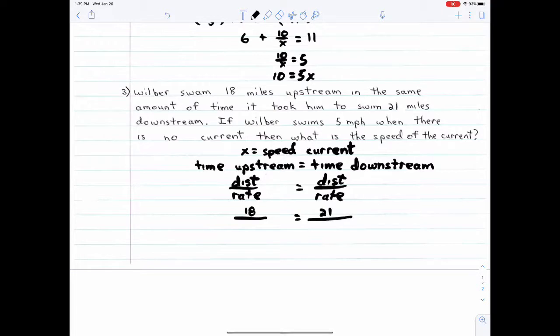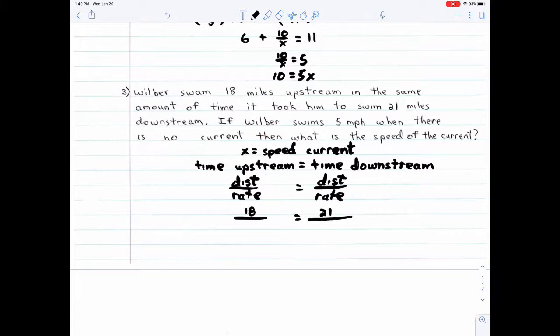Okay, now, the thing I want to point out is you have to be very careful here. Last time, what I was looking for was the speed he swims when there's no current. You always take the speed without the current plus or minus the current, or speed without the wind plus or minus the wind. Last time we were looking for the speed without the current. That's why the x went first. But here we're looking for the speed of the current.